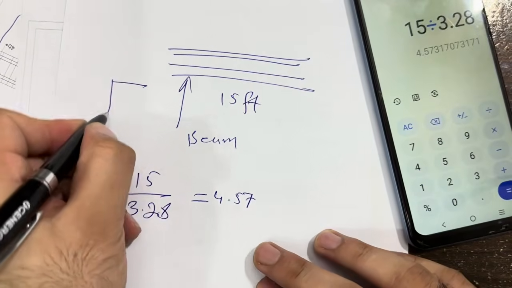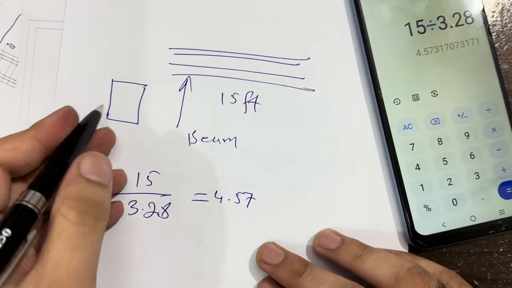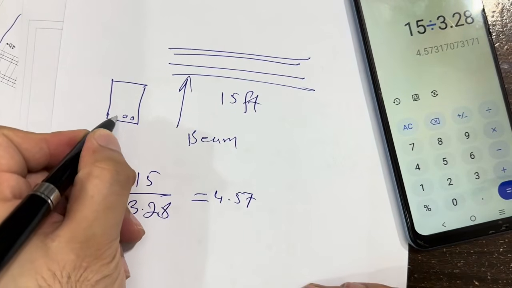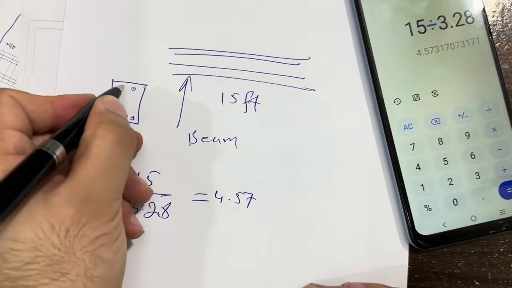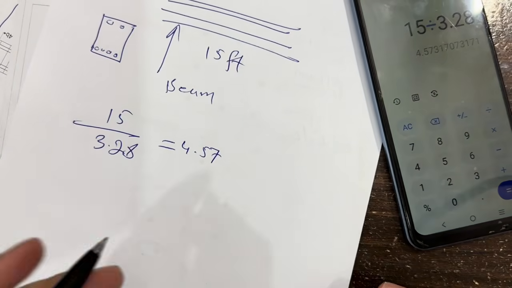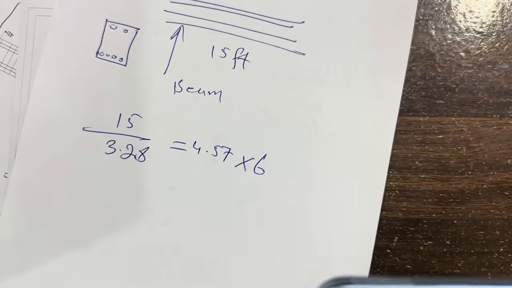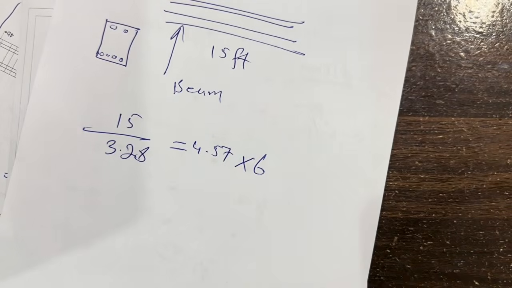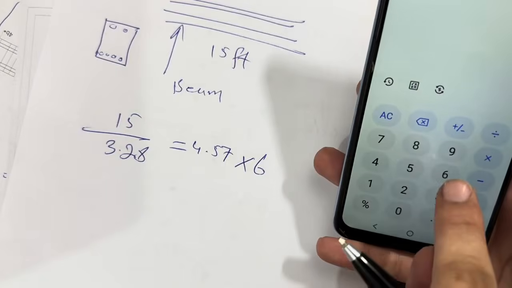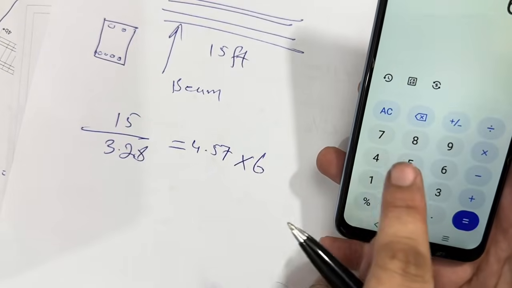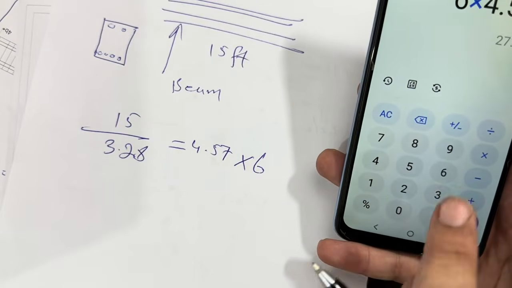Suppose I'm using in this beam 6 bars, 4 at the bottom and 2 at the top. So multiply by 6.